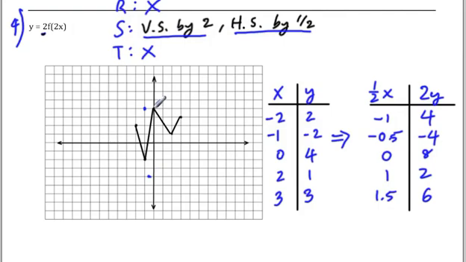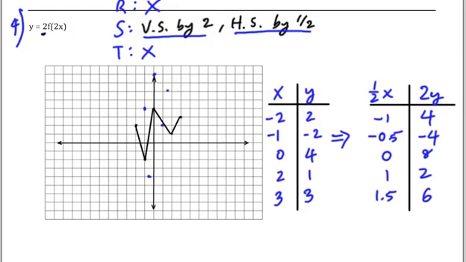So 0, 8 is right there. Okay. 1, 2. So 1, 2 is right there. And 1.5, 6. So there's 2 and there's 6.